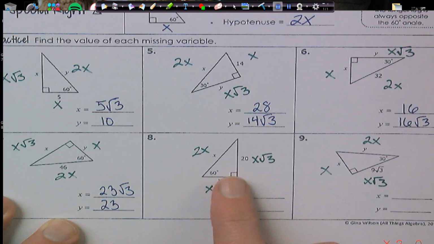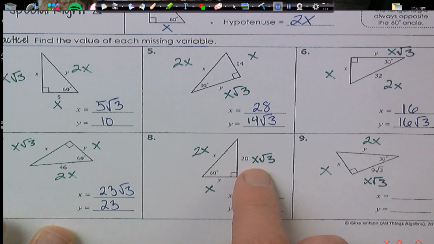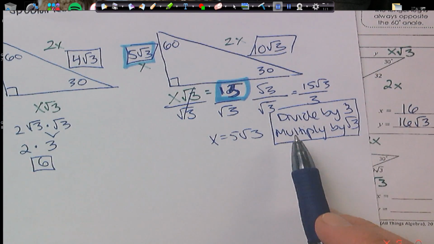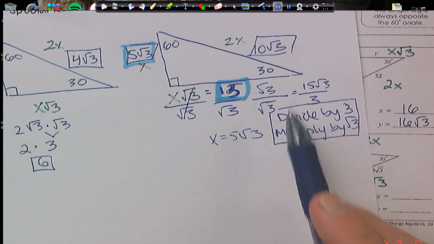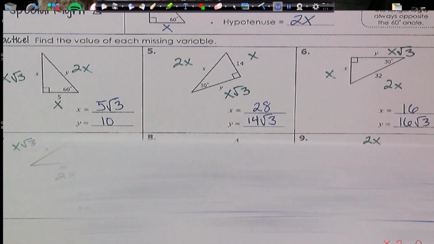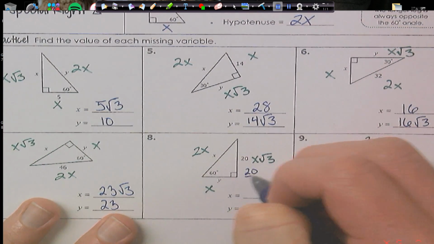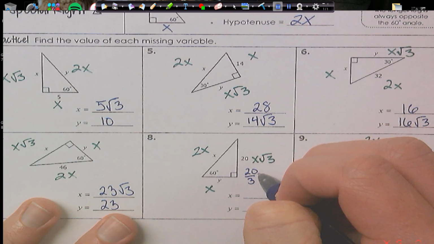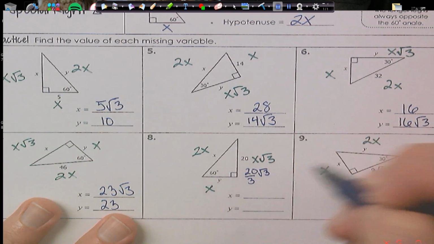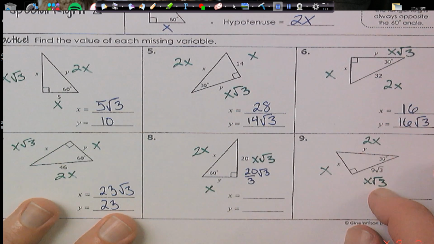So here's the first one that gets a little tricky. And here, if you recall, we had this rule earlier. If we divide by 3, multiply by rad 3, we can figure out what to do if I have a whole number. So again, we have a bit of an issue. If I take 20 and I divide it by 3 and then multiply by rad 3, it doesn't look very nice, but that's okay.